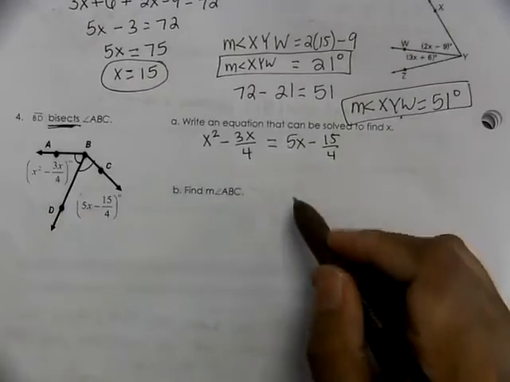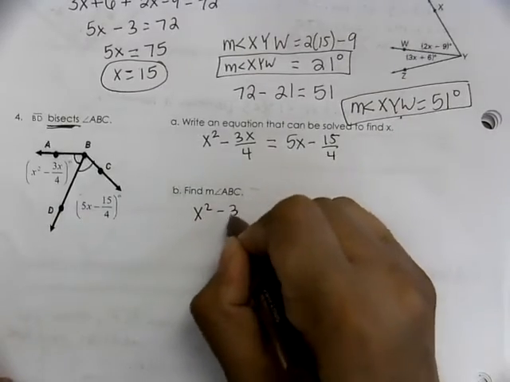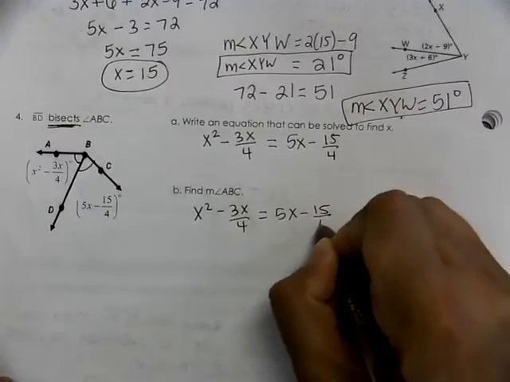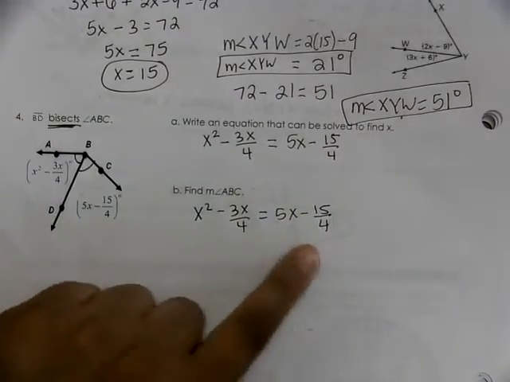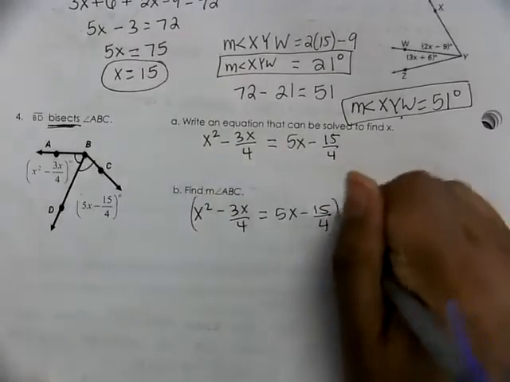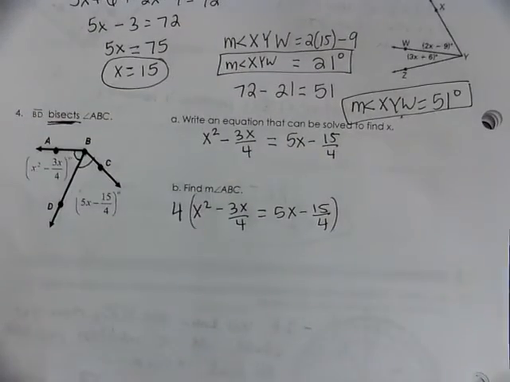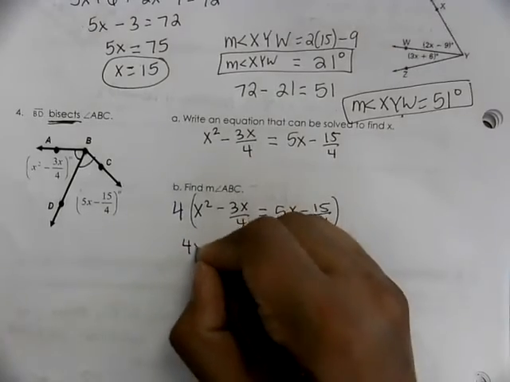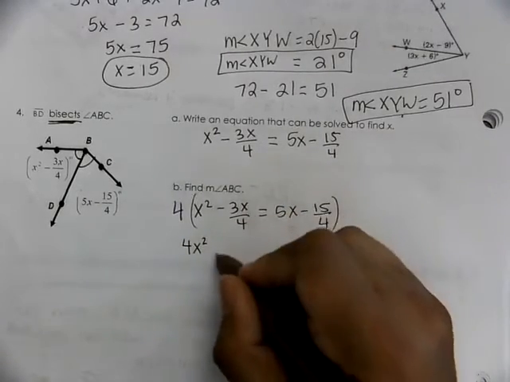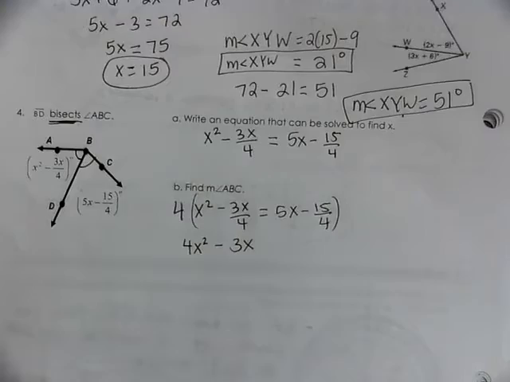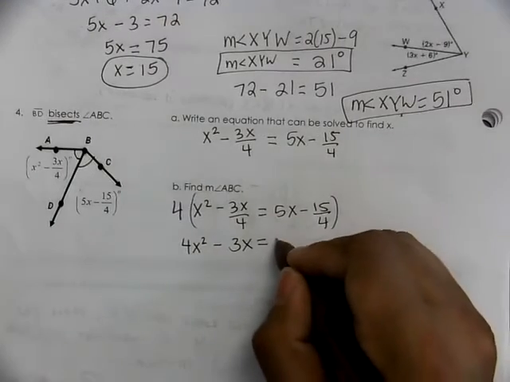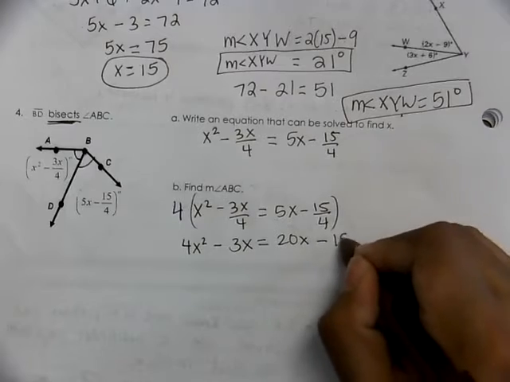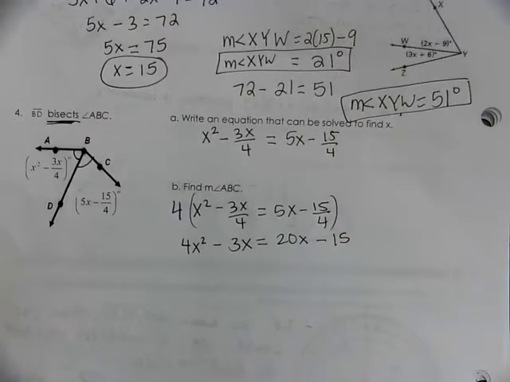To find out how to solve this, I'm going to just rewrite it right down here again so we can start solving this. And so when I see fractions like that, I don't like the 4 in the denominator. I'm going to go ahead and multiply everything by 4. That way I get rid of those fractions. So now we have 4x squared, and then the 4 is gone in the denominator, leaving me with just a 3x. 5x times 4 would be 20x, and then again the 4's will cancel, leaving me with just a negative 15.